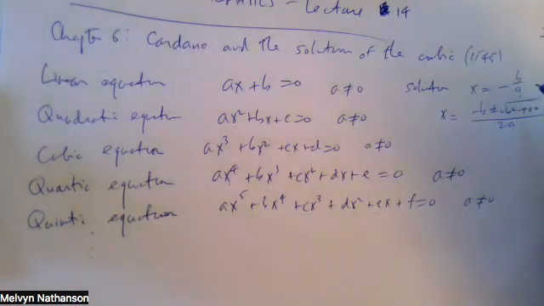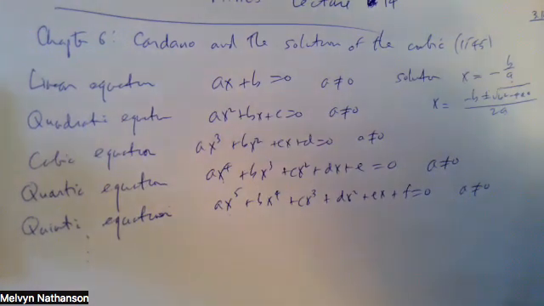So both of these were known, certainly in ancient times. They were known to the Babylonians long ago. That was known in India. In Indian mathematics, you find this.